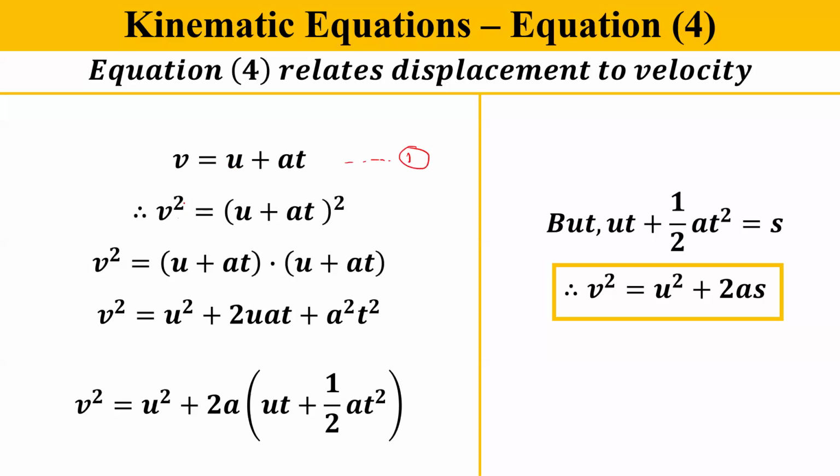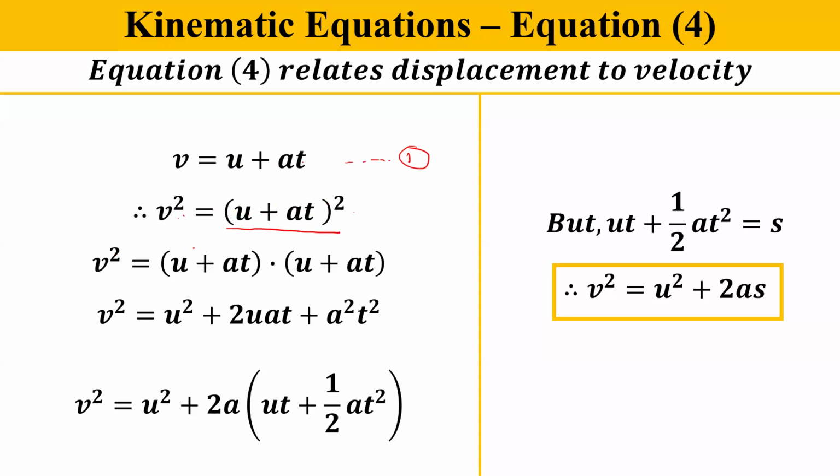So from this one, if you were to square the quantities on both sides, you will get that the velocity squared is equal to (U plus AT) squared. Now you are going to get a quadratic expression. Once you square one side of the equation, anything you do to one side, you must do to the other.